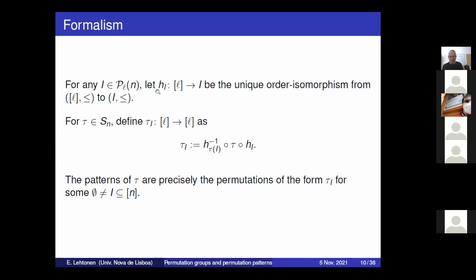If we first take this order isomorphism from the L element set to the subset I, then we apply tau to this subset, and then we go back to the L element set with the order isomorphism of the image of I. So the resulting map will be a permutation of the L element set, and in fact, this will be the pattern of tau corresponding to this choice of elements in the word that are indexed by the elements of the subset I. So this is a very, very useful way of describing the patterns.